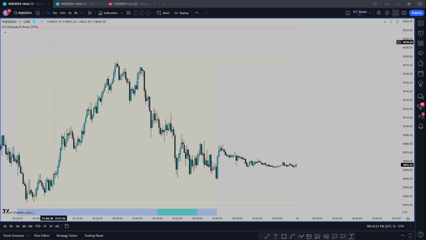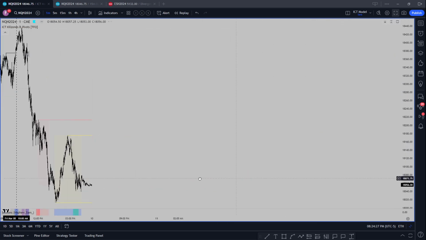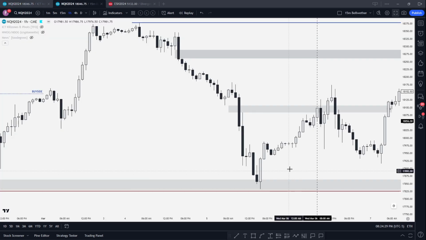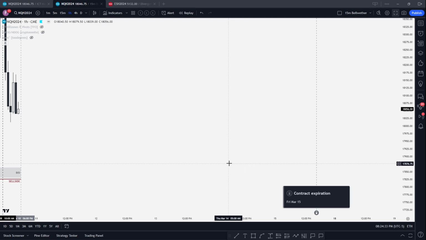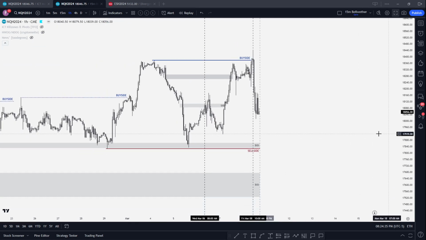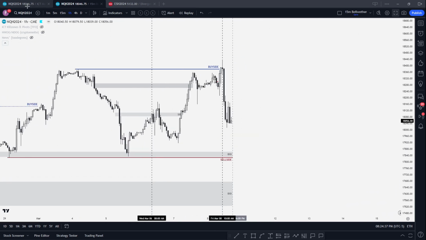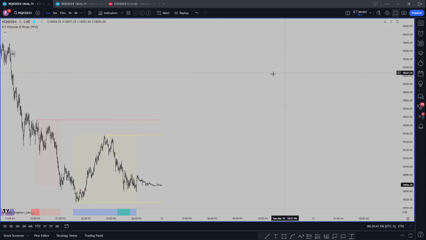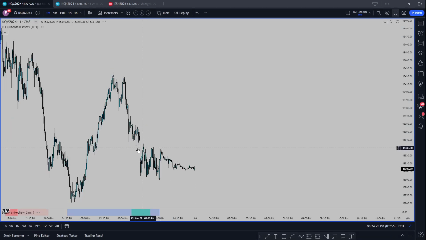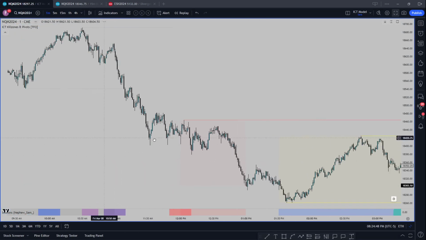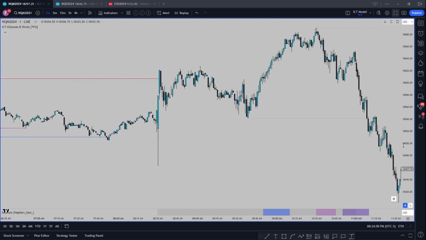So don't just switch when it hits that contract expiration, which I think is like the 15th or something. Right here. Yeah, 15th. So I think some platforms have already switched, which I haven't, because if you actually take a look at M, it's still got volume imbalances and a lot more rough PA.